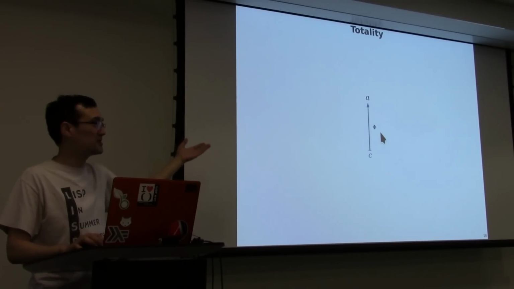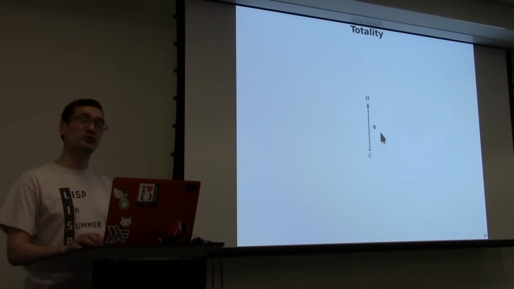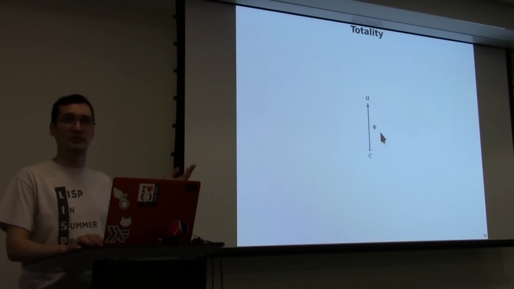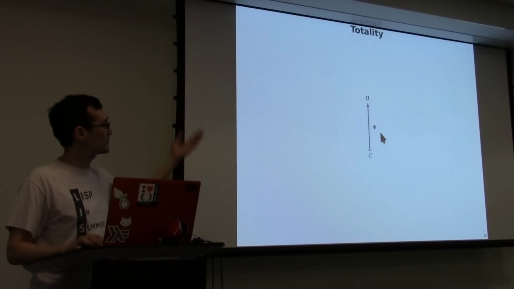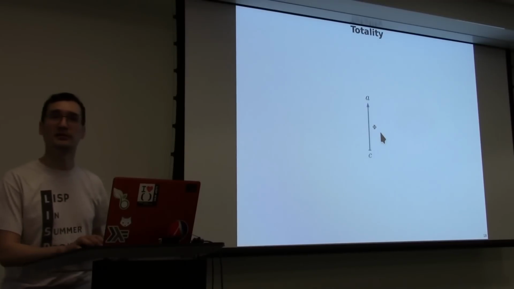If you don't have totality, it can be okay. You only have to be total enough. You only have to implement the states that you care about. You don't have to implement your entire algebra. So you can have states that don't correspond to an abstract. Yes, you can have abstract states that don't have a concrete state, like numbers that are too big to fit in memory, things like that.